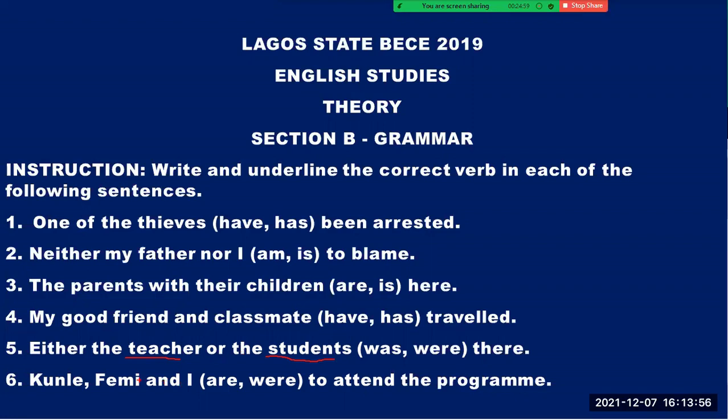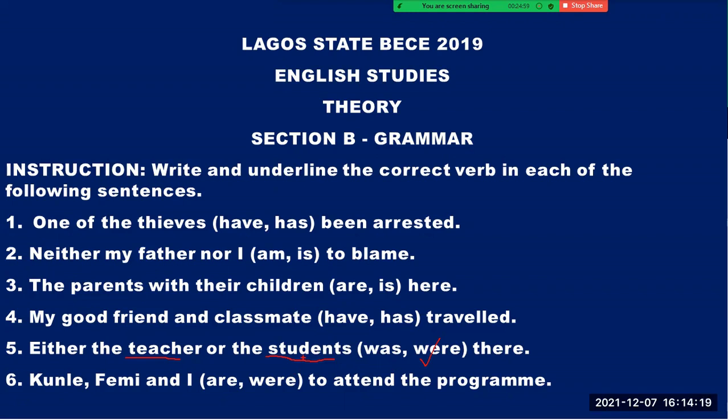Because the students is the subject that is closer to the verb, it controls or determines the verb. And so this should be plural because students is plural. Either the teacher or the students were there.